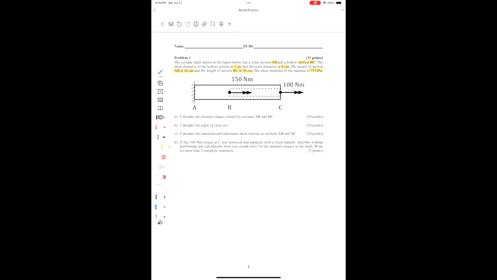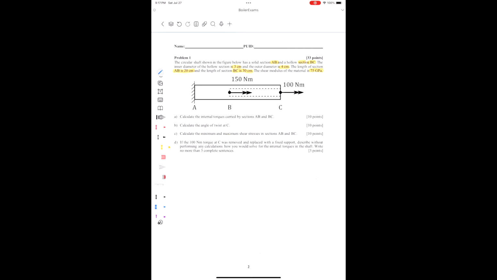And then part C is going to ask us to use those same internal torques we found in part A to calculate what the minimum and maximum shear stresses carried in each of the sections are. And then part D is basically just asking for what would happen if the rod was fixed at both ends instead of just the one.